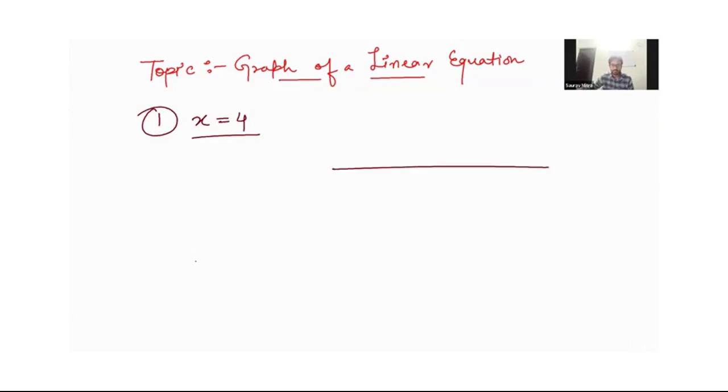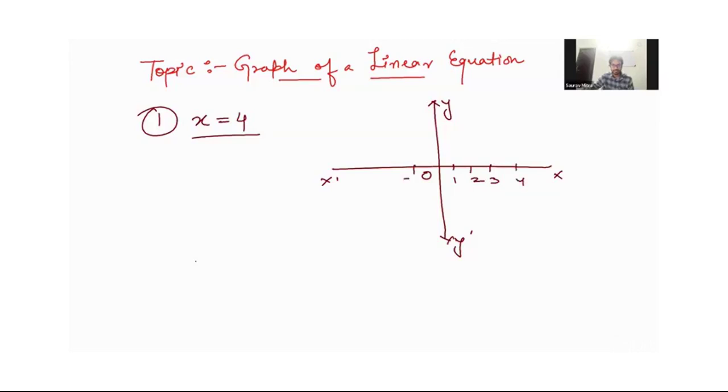See, we know that we have an x-axis and y-axis in a Cartesian plane. This side is your x, this side your x dash, this side is your y, and it is your y dash. Okay, so x equals 4 means this is your origin, this is 1, 2, 3, 4.